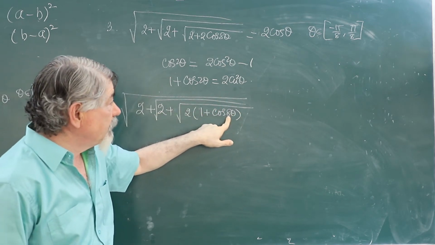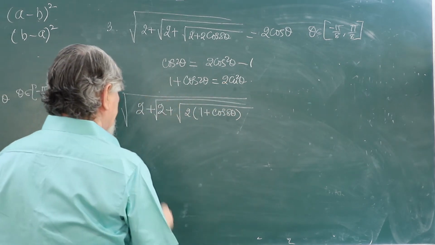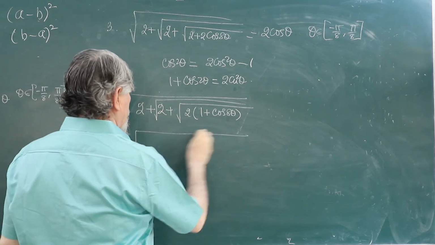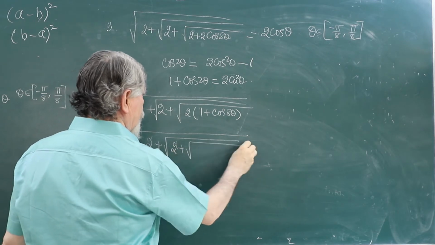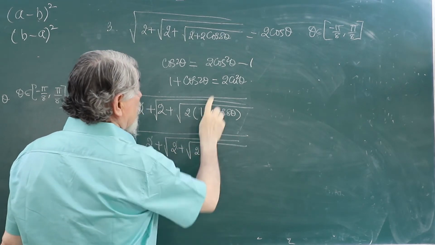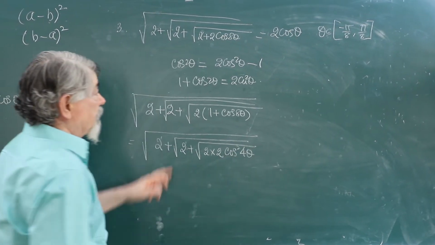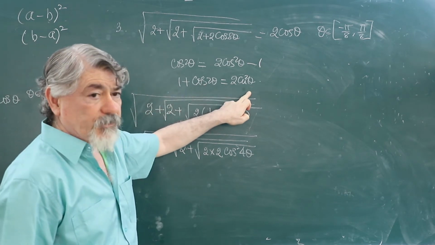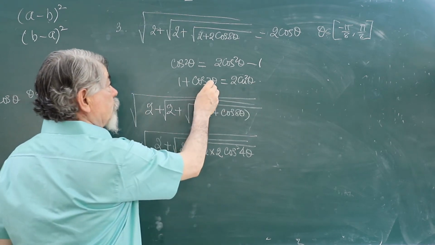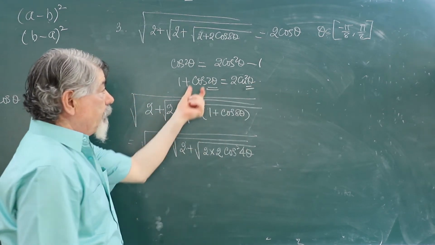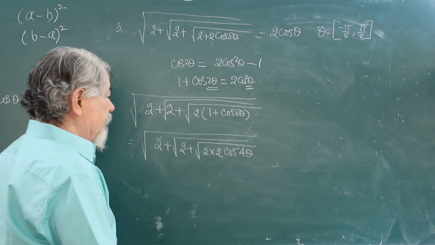So 1 plus cos 8 theta will become 2 cos square 4 theta. It was 2 theta, it became theta here. So if it is 8 theta here, it will become half, that is 4 theta. So 2 cos square 4 theta.